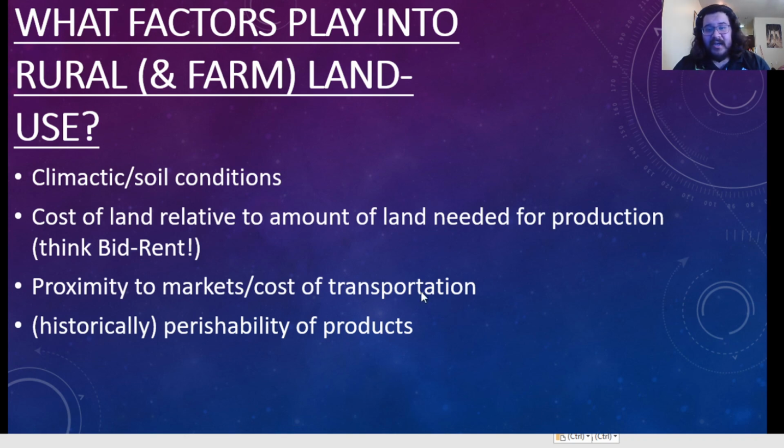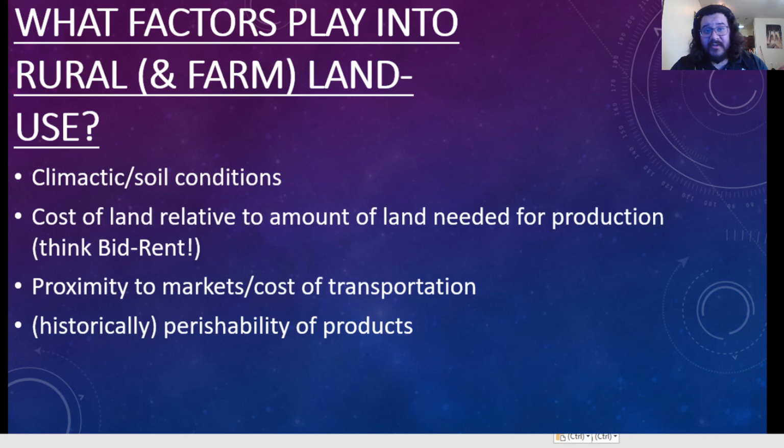Aside from that, we're looking at cost of transportation and of land use, right? You want to minimize your cost as much as possible. It's the same for industrial production. You want to make sure that you're not paying so much that you're not going to make a profit, and that you are producing a product that is lucrative enough to earn a profit for your business or for your farm.